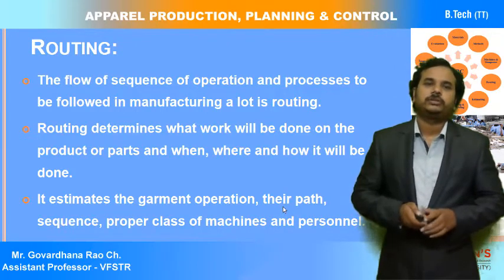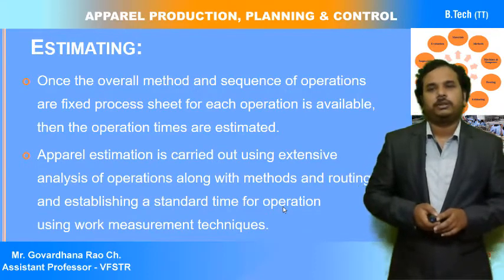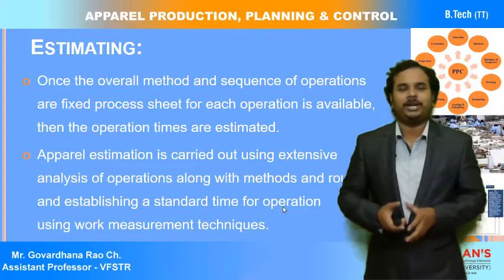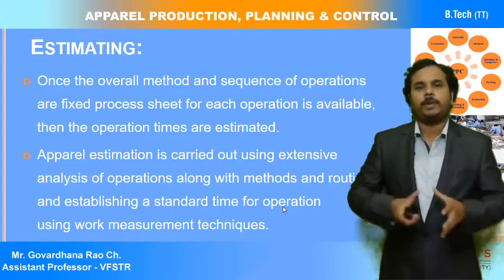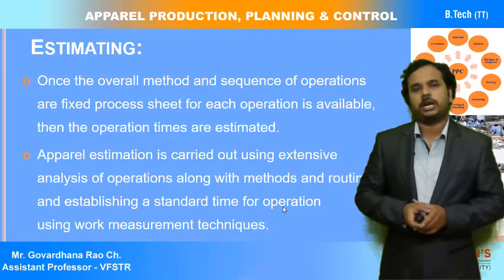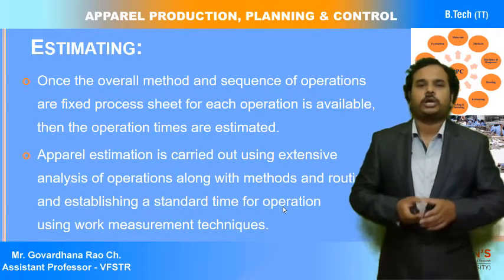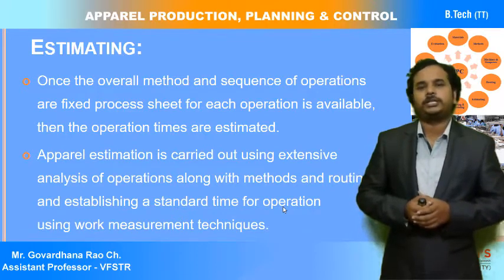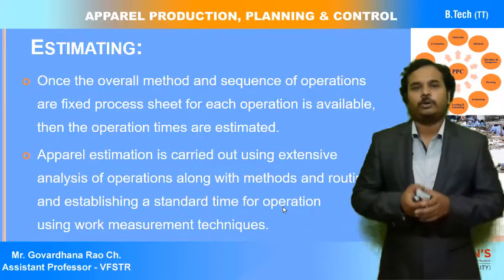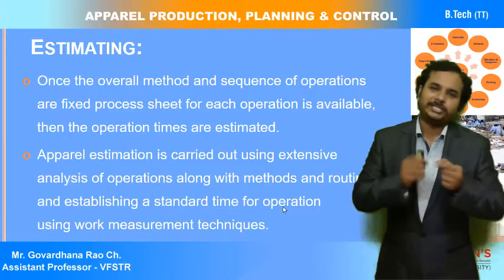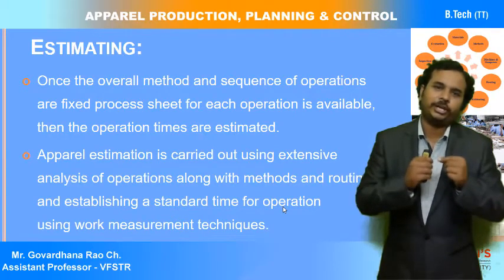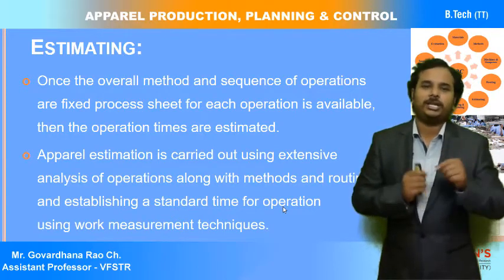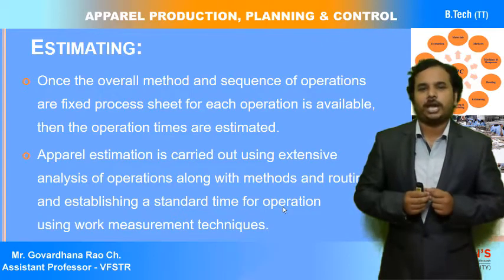Then the next one is estimating. Once the overall method and sequence of operations are fixed and the process sheet for each operation is available, the operation times are estimated. Estimating is nothing but exactly the time required for a particular operation. So estimating is the operational time.